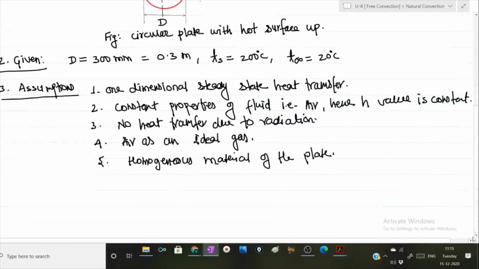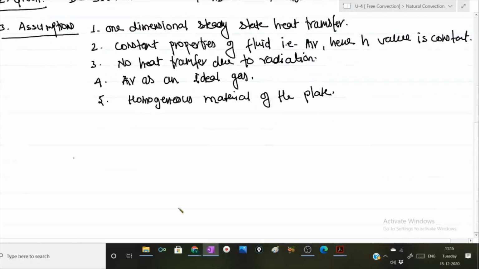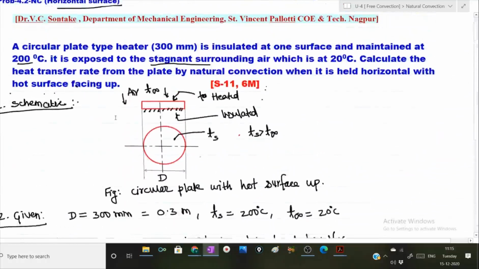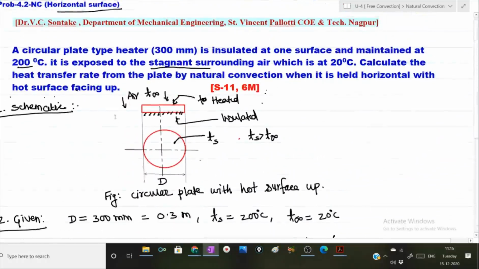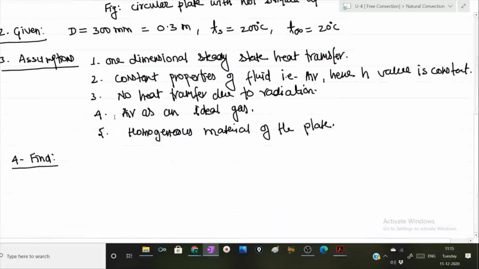Then step number 4. Enlist what is to be found out. So if you go through the problem, it is asking you to calculate heat transfer rate, that is Q. Step number 5 is reference temperature.